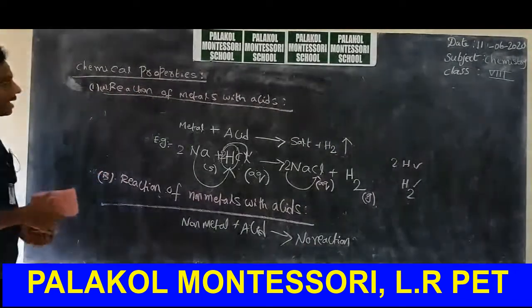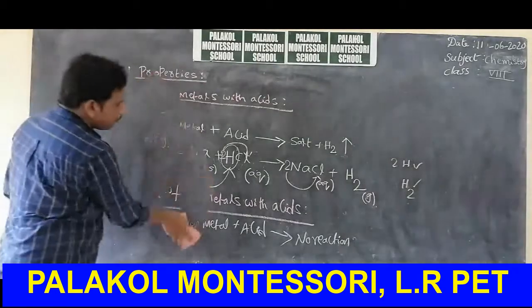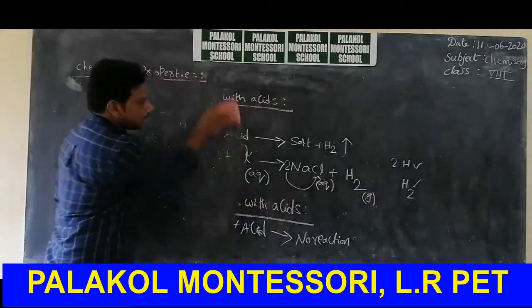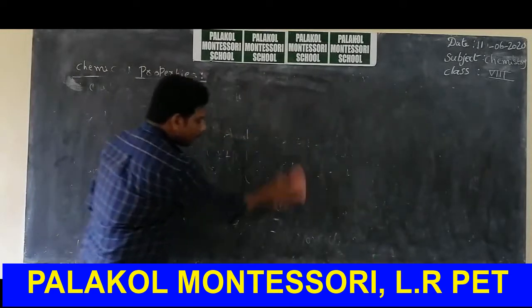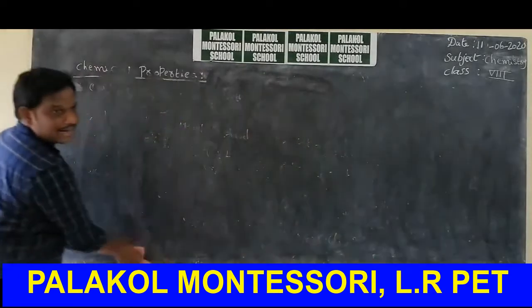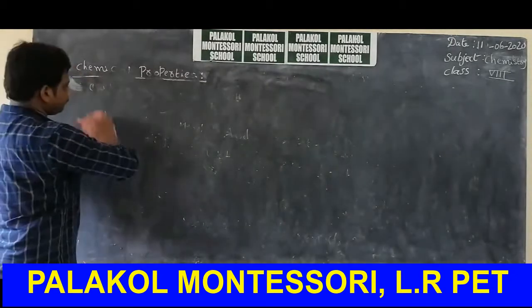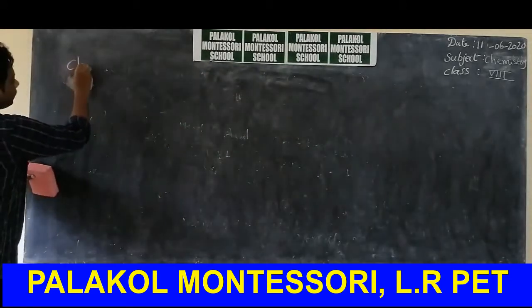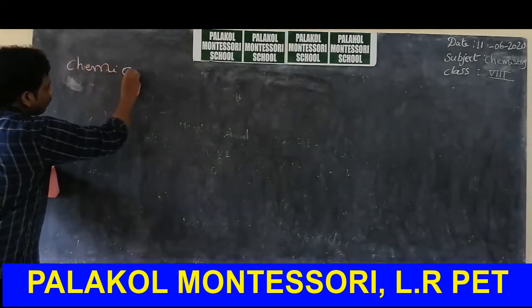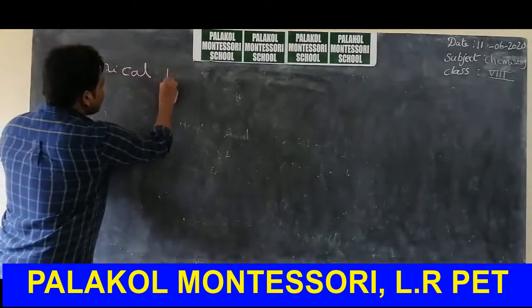Now we go for another chemical property. The second one is the reaction of metals with oxygen and the reaction of non-metals with oxygen. We already discussed the reaction of metals with acids and non-metals with acids.